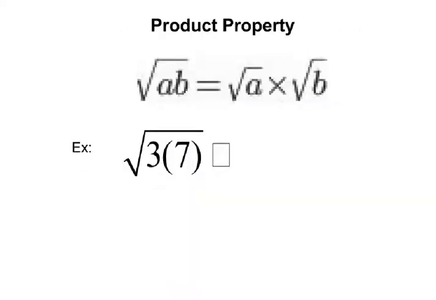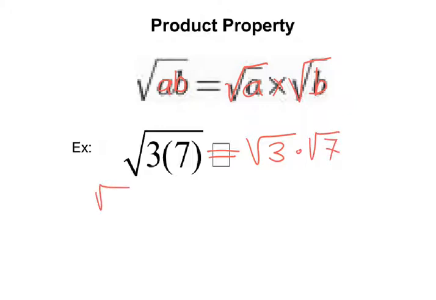So the product property says that if I have two numbers inside of a radical, A and B, I can separate them into two separate radicals, the radical of A times the radical of B. So let's look at ones with numbers. Square root of 3 times 7 can be separated into the square root of 3 times the square root of 7.